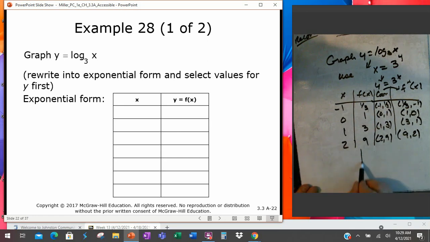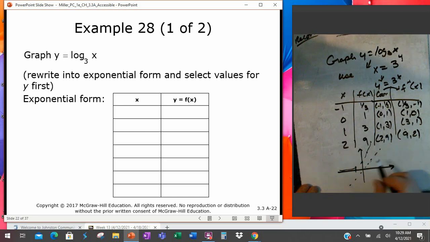So on the same graph, this is how this would look. This would be -1, 1/3, 0, 1, 1, 3, and then 2, 9 would be up here. So that's that familiar shape. y is equal to x, just to give me some reference.